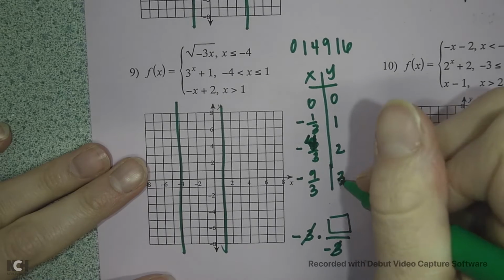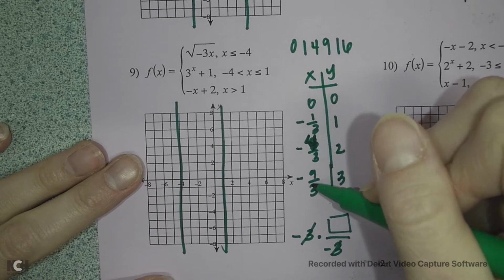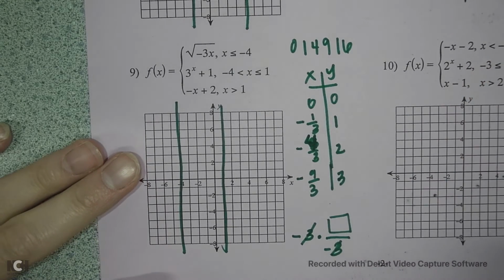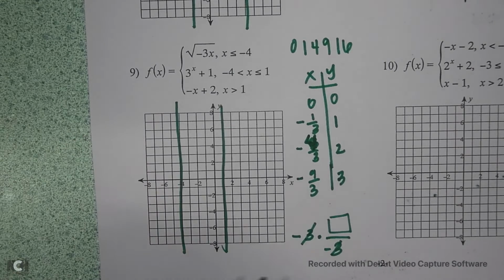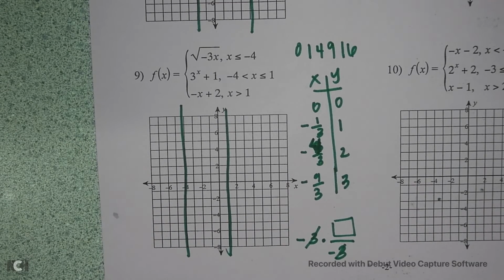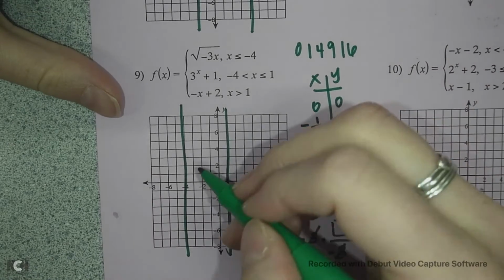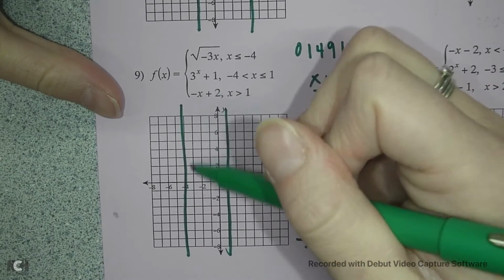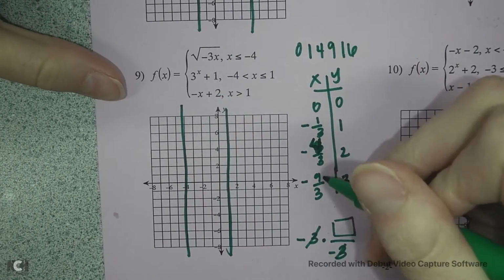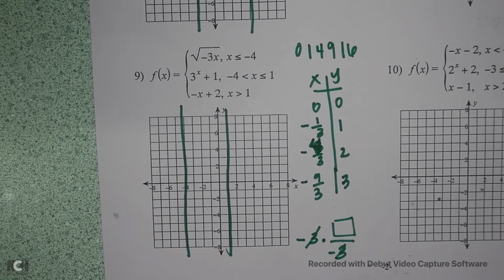Okay. These numbers are going to get closer to 0. Oh, wait. Okay, so none of these are in this section. They're all in this section right here. So we technically have to keep going.